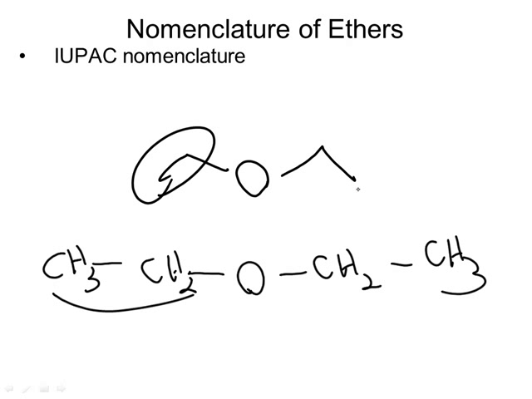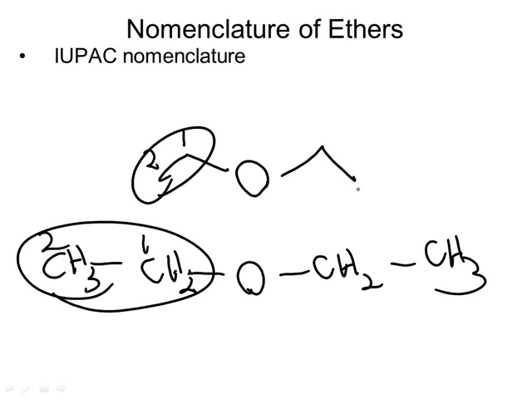This is going to be carbon 1, this will be carbon 2. So that's my 2-carbon chain, and this is the parent name, just like any other time we've done this. It's going to be ethane.